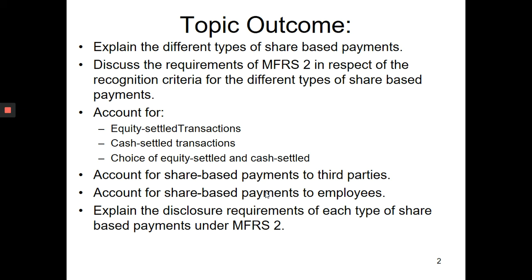You need to take into consideration how to account for equity settled transaction, cash settled transaction, or choice of equity settled and cash settled. We have account for share-based payment to third party, and also share-based payment to employees. And finally, you must have the ability to explain the disclosure requirement of each type.